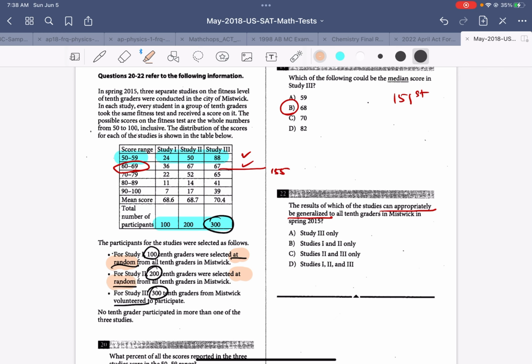But look at the last one. Study 3 said volunteer. Volunteer means it could be biased. If it's random, you can generalize, but anything volunteer could be biased. If any data is biased, then you cannot generalize. So the answer is only 1 and 2.